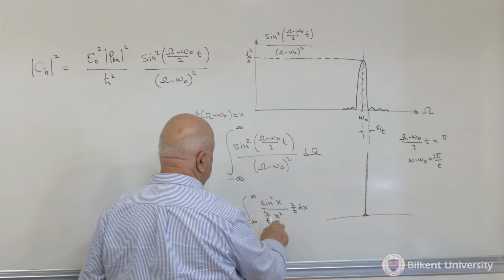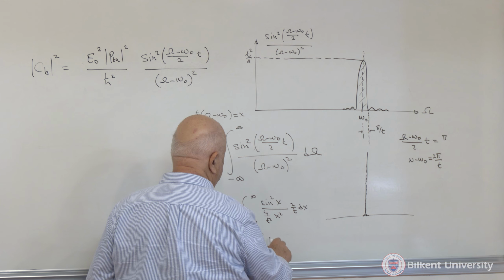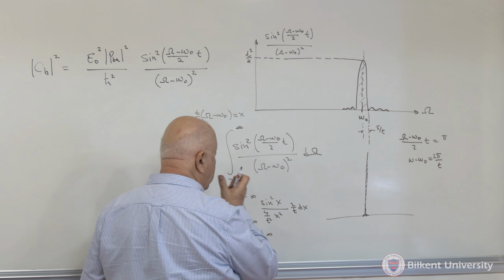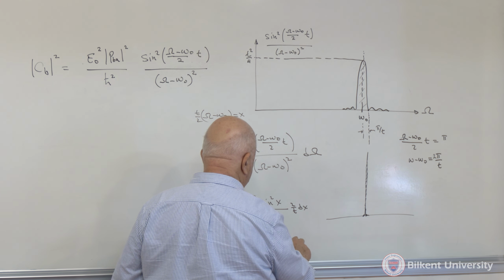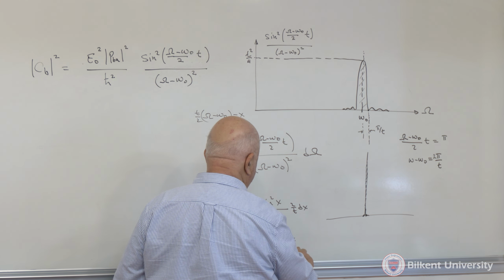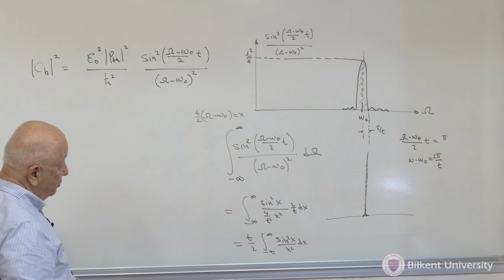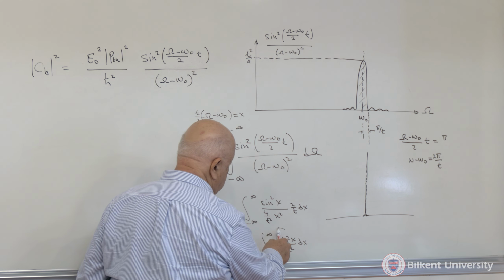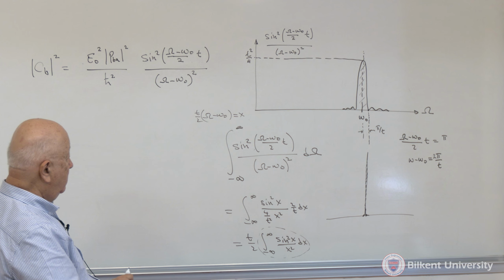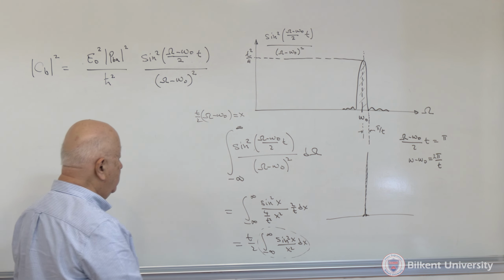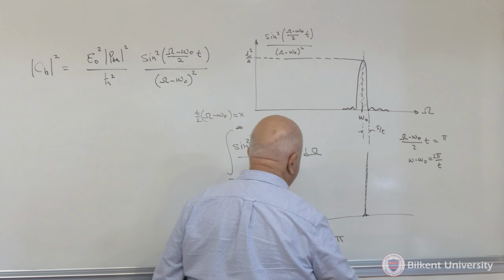So it will be t over 2 times the integral from minus infinity to infinity of sine squared x divided by x squared dx. And so this is just a number. It turns out it's equal to pi. So this becomes equal to t over 2 pi.